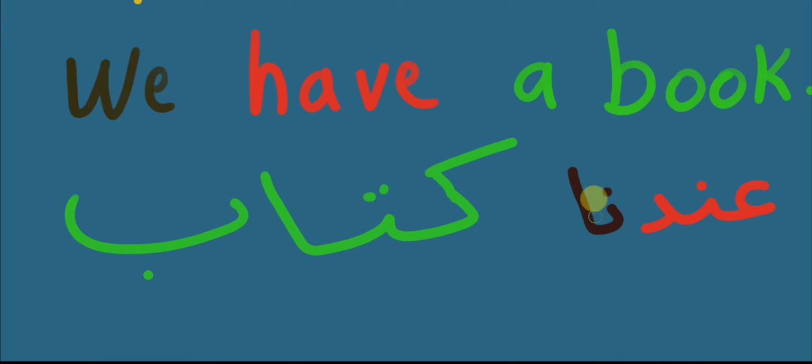So this is the sense in which you use عند in the Arabic language. But in this sense, it's equal to have within this context. So when you say عندنا, it doesn't just mean have. It could mean that you own it, but it could also mean that you have access to it or control over it, just like have means.